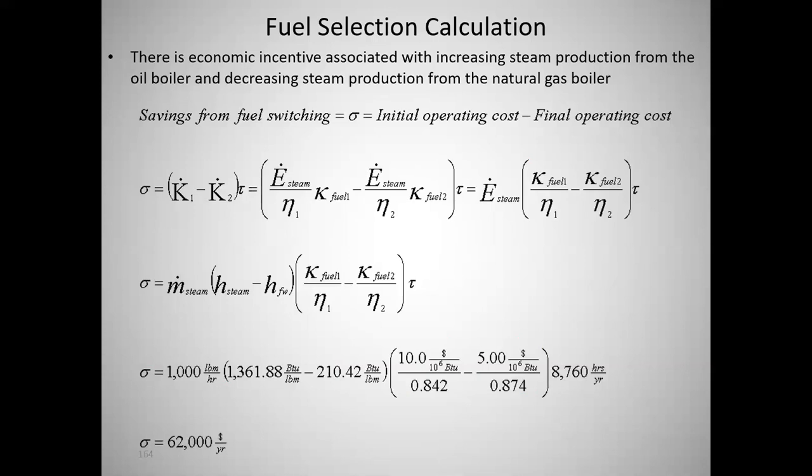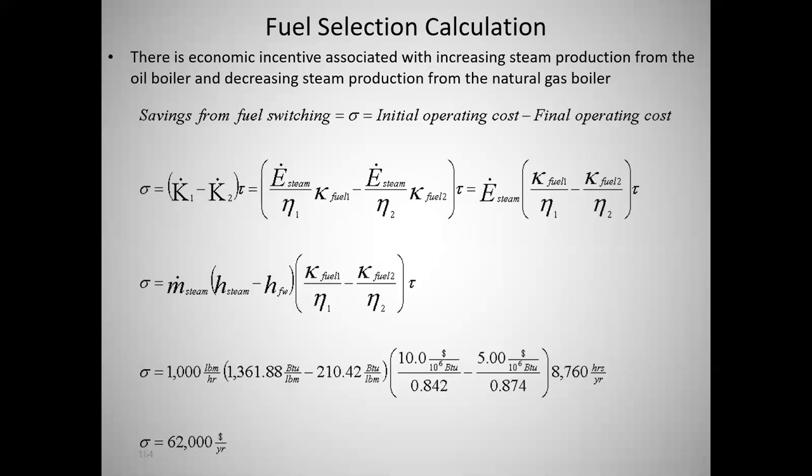And then we just do a little factoring. So basically, in that second equation, if we take the mass flow rate of the steam times the enthalpy of the steam leaving minus the enthalpy of the feed water, times that bracket term, times the number of hours, that'll give cost savings per year. Okay? It makes a little more sense when you see the numbers in it.